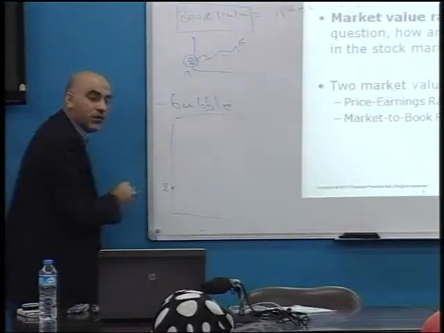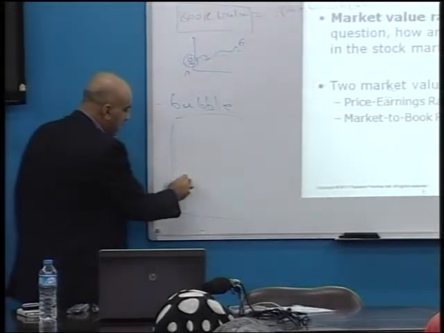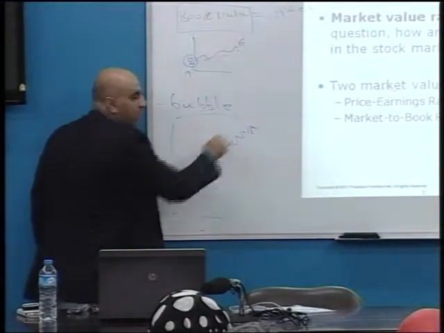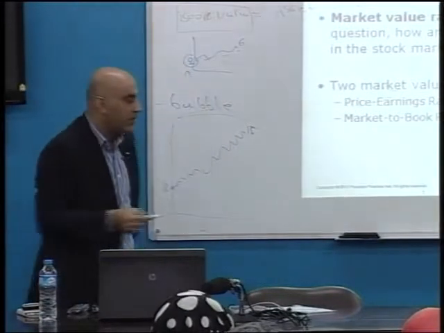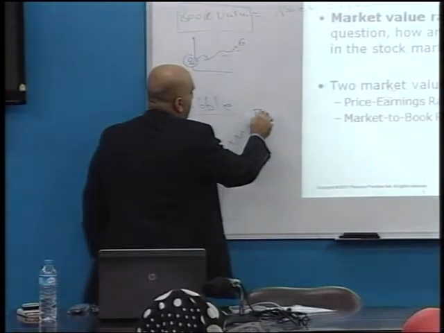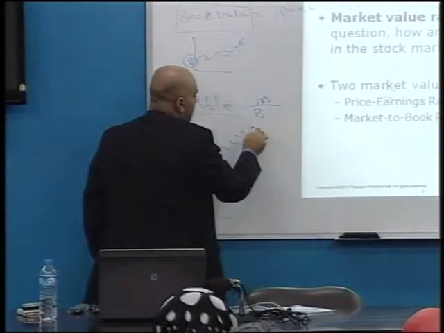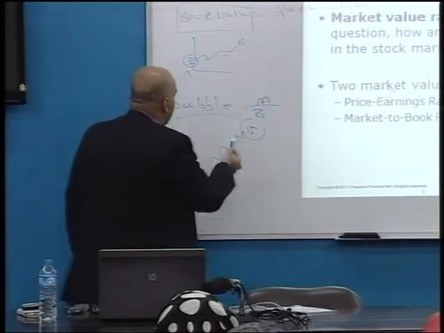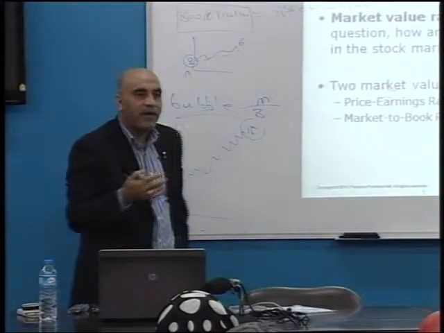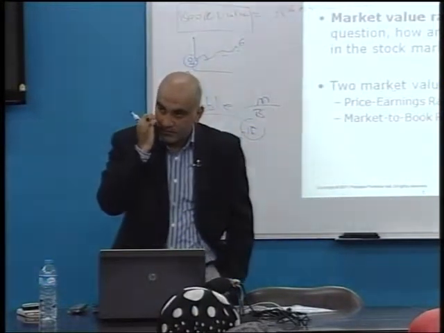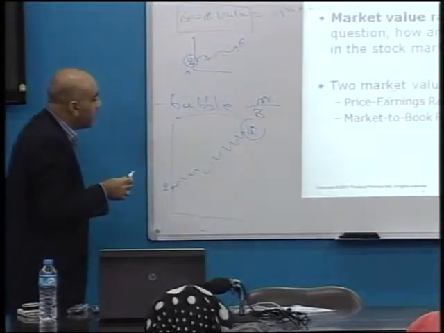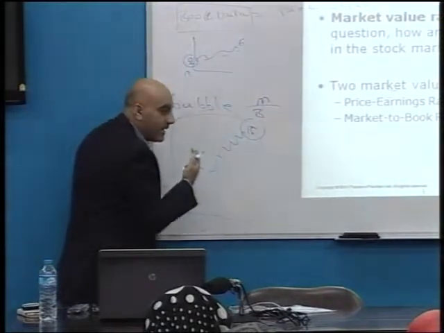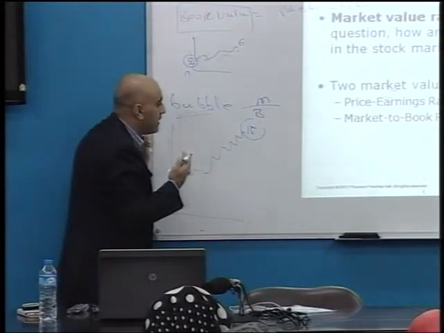If the book value is $2 and the market value keeps growing faster and faster till, for instance, $15, the market to book value is 15. It means the market covers the book value 15 times. Okay? And you see it is growing very fast, and this may generate bubbles.